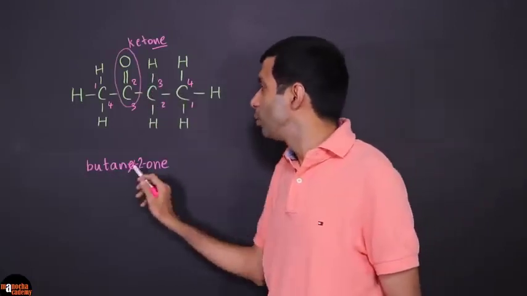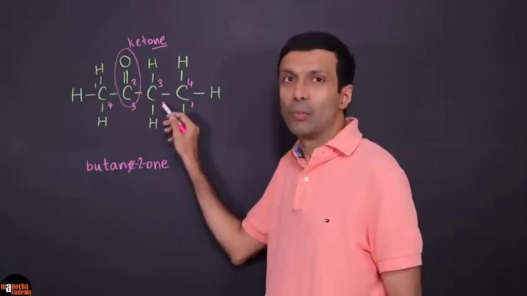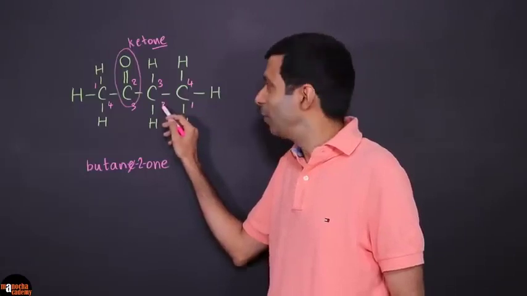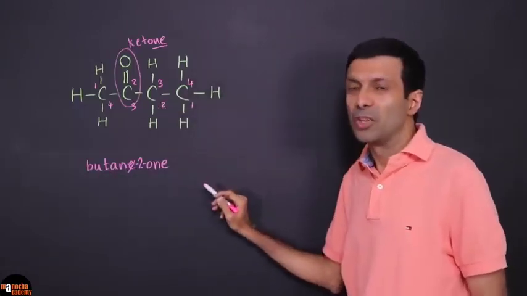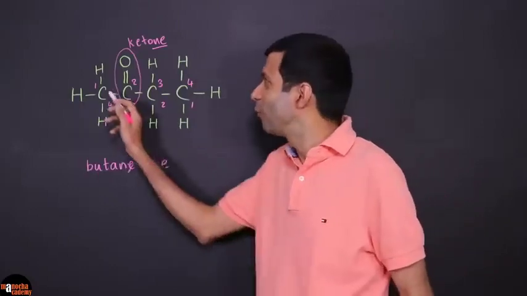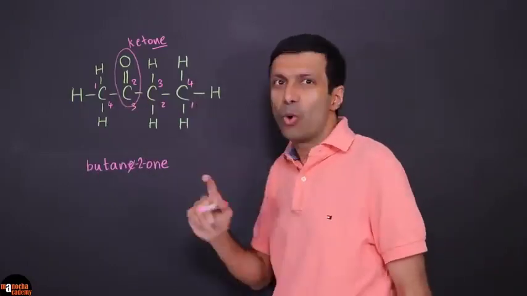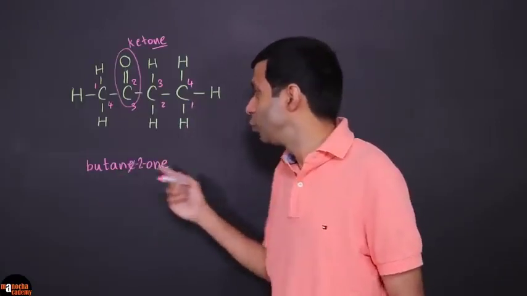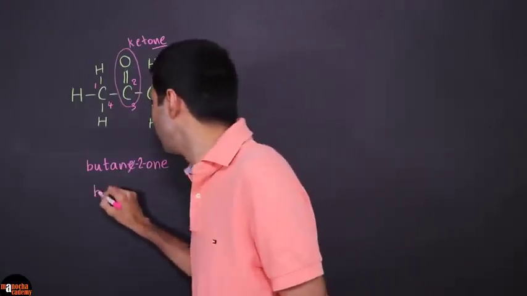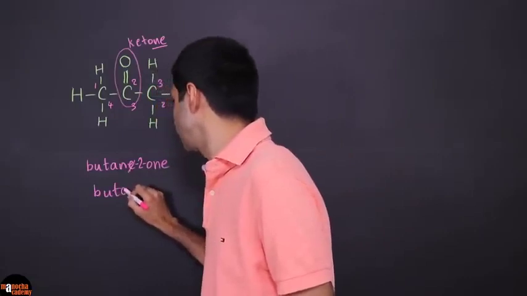It's not going to be butan-3-one. Again, now we'll take the smaller number. So it's again going to be butan-2-one. So just like propanone, for 4 carbons also, only one ketone is possible, which is butan-2-one or simply butanone.